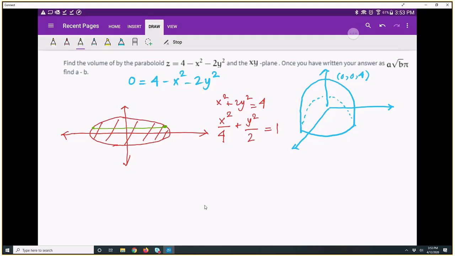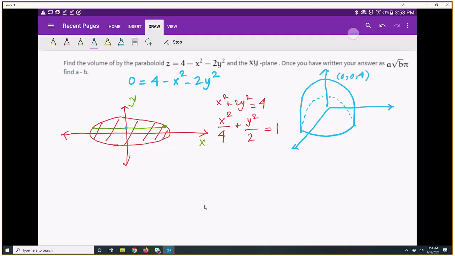Because this ellipse is a symmetric figure, one can now say, instead of working out the entire ellipse, why don't I find the volume over the first quadrant on the xy plane? So what I do now, I think about only the first quadrant in the xy plane.